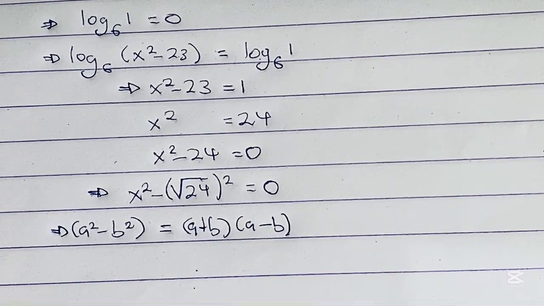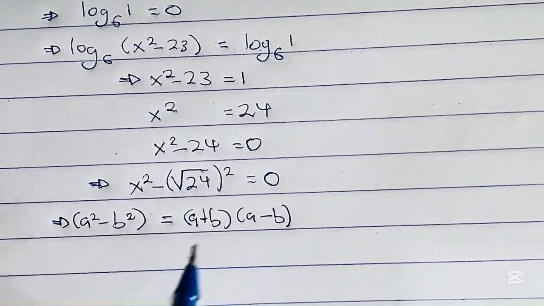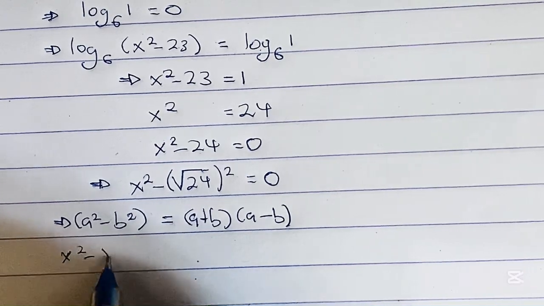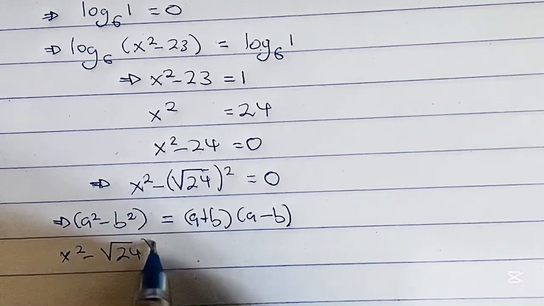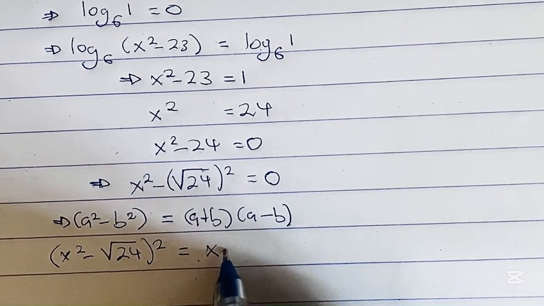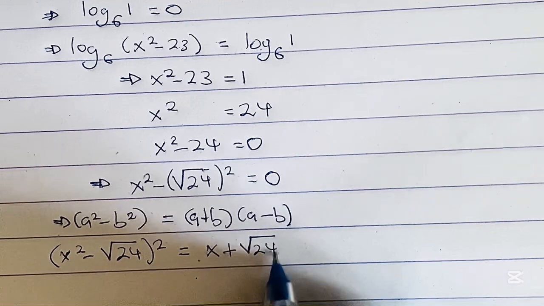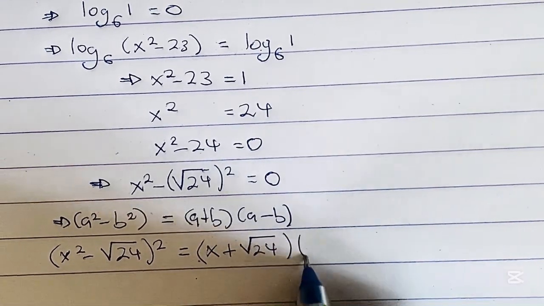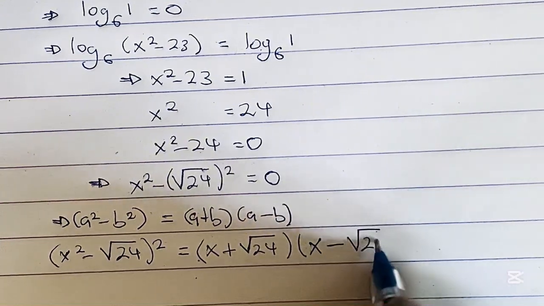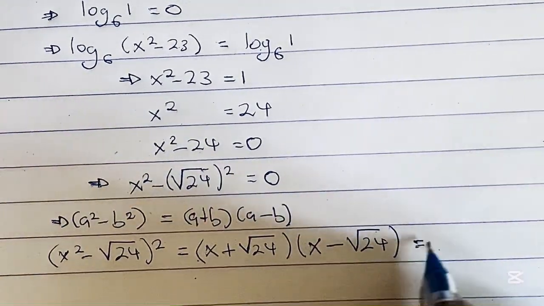So we are going to substitute this into this. So x squared minus square root of 24 squared is the same as x plus square root of 24 times x minus square root of 24, and this is equal to 0.